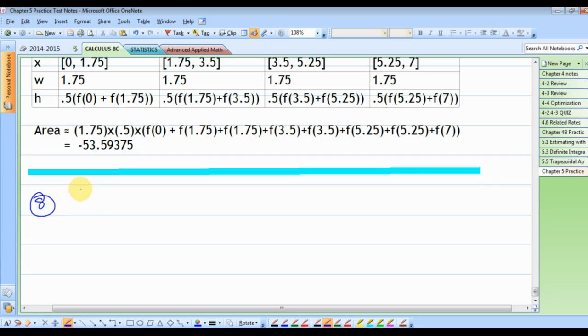All right, average. Remember, an average must be an integral. This is calculus. Average equals 1 over b minus a, which in this case is pi halves minus pi quarters, multiplied by the integral of the function, which is sine x.